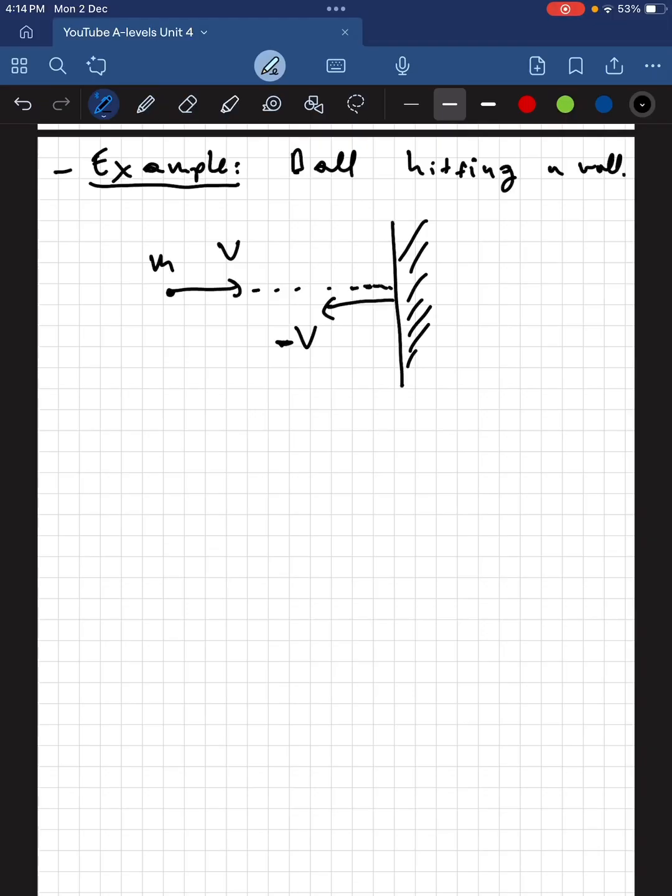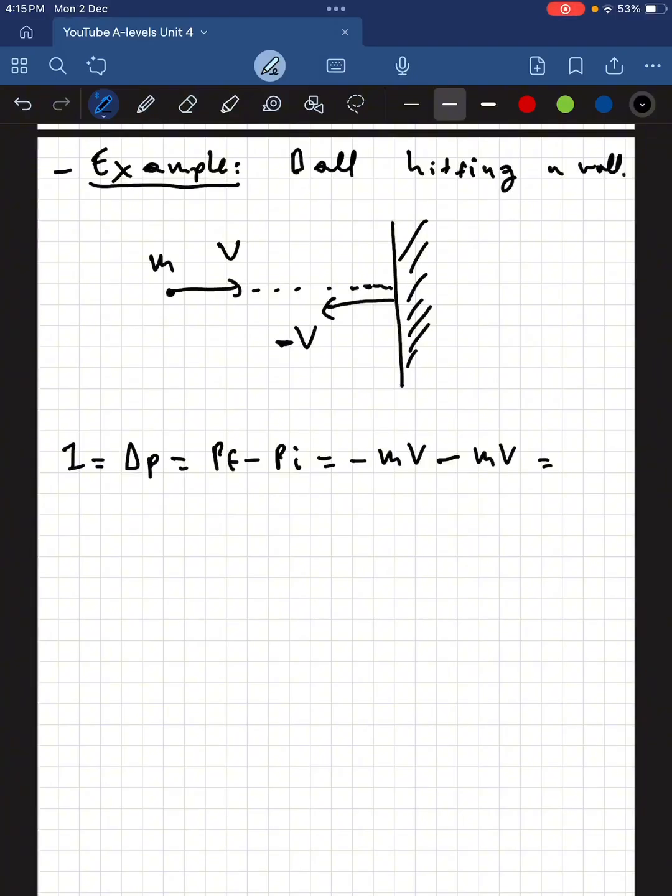So what is the change of momentum of the ball? So I is, as we said, delta P, which is defined as P final minus P initial. Now P final is minus mass times v because this is the final momentum, then minus the initial momentum, which is simply mass times v because initially the object moves to the right.